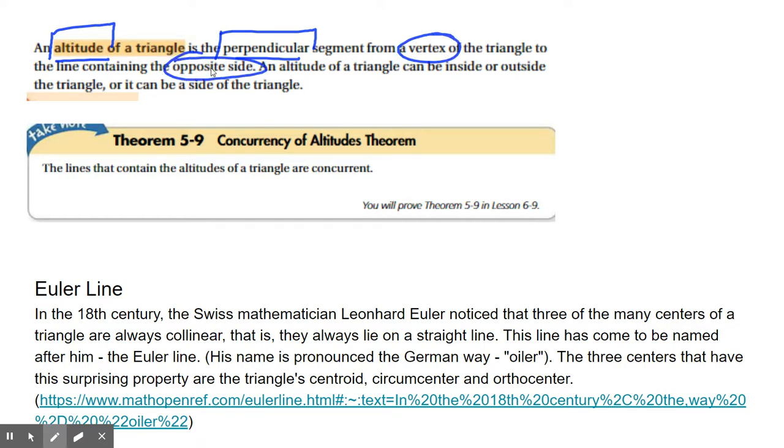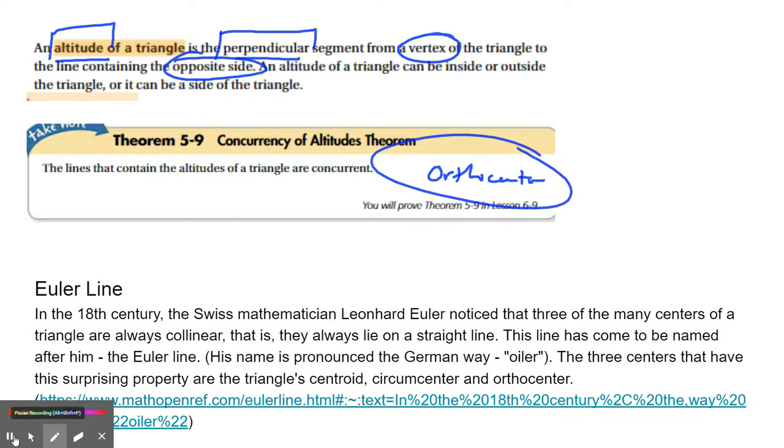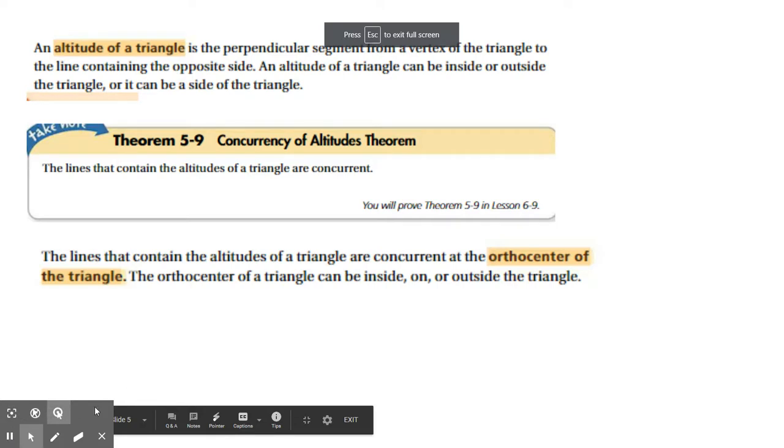Now be aware that sometimes your altitudes must be drawn outside of your triangle, and we will discuss that in a second. And again, these lines are all concurrent, and it's called the orthocenter. Let me go fix that right now. Okay, so there's the orthocenter. That's how you spell it, right? Orthocenter. Sorry about that.